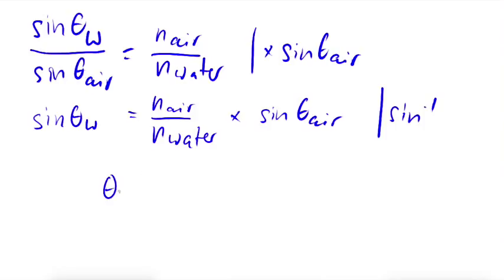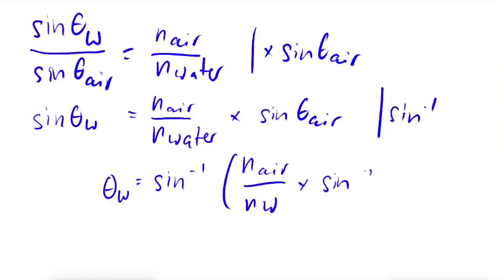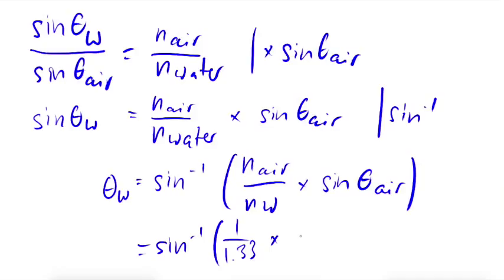So theta w equals sine inverse of n air over nw times sine theta air. Putting in the values, I get sine inverse of 1 over 1.33 times sine 80 degrees, which is approximately 47.8 degrees. Using my protractor, I could now draw my ray diagram with the exact angles.